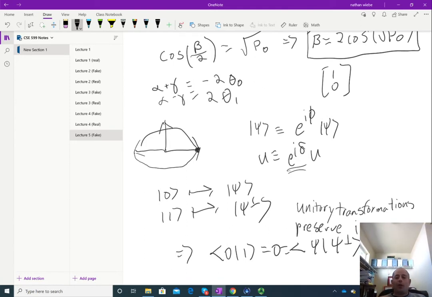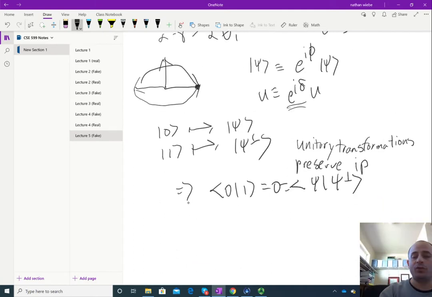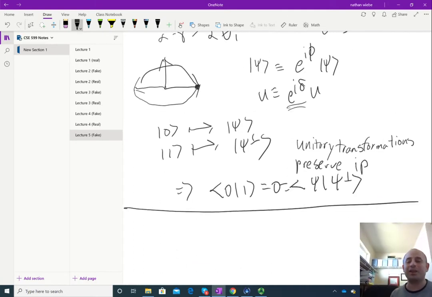So, therefore, these two vectors specify every transformation that we can potentially do on the quantum system. And so, that's how we know that we can do all single qubit operations in this way. Okay? So, we've proven universality for a 1-qubit quantum computer.